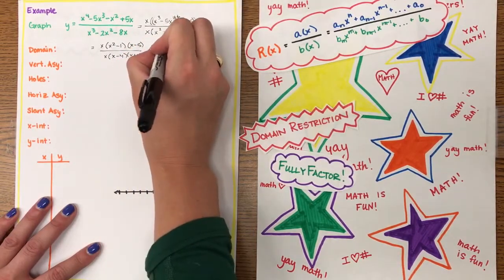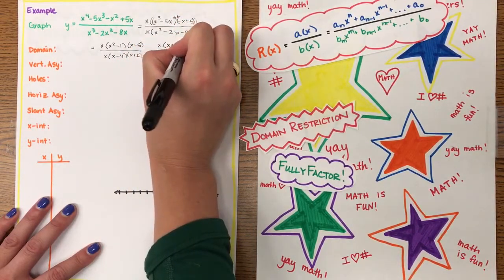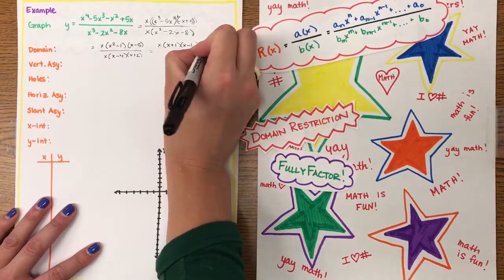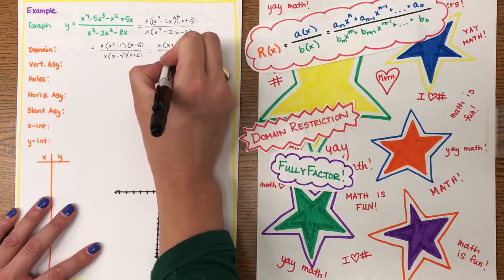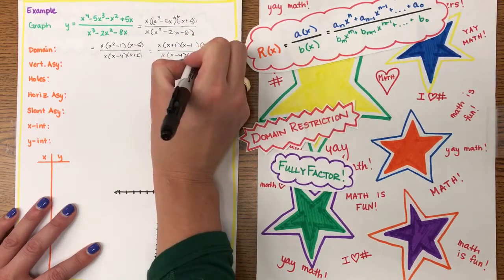The numerator further factors to be x plus 1 times x minus 1 times x minus 5 over x times x minus 4 times x plus 2.